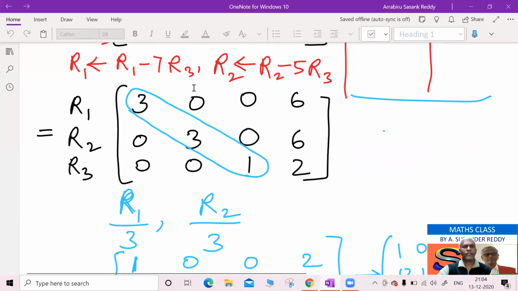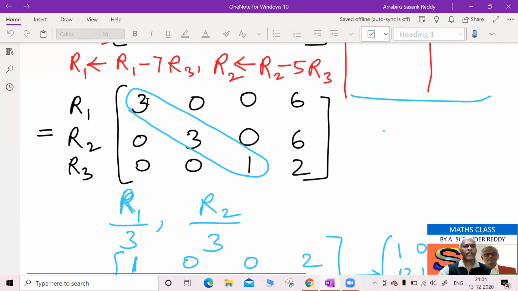So after making all these 6 zeros, first column 2 zeros, second column 2 zeros, third column 2 zeros, then the diagonal should become 1.